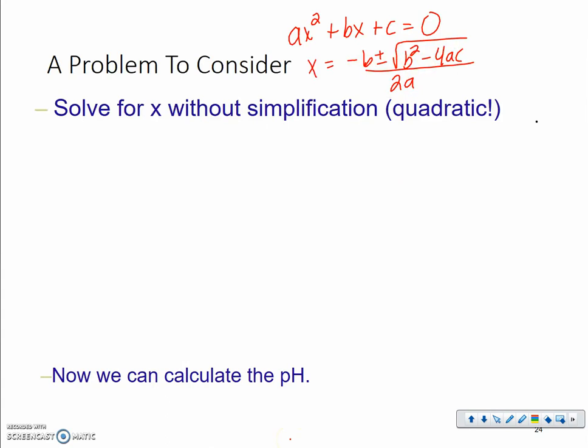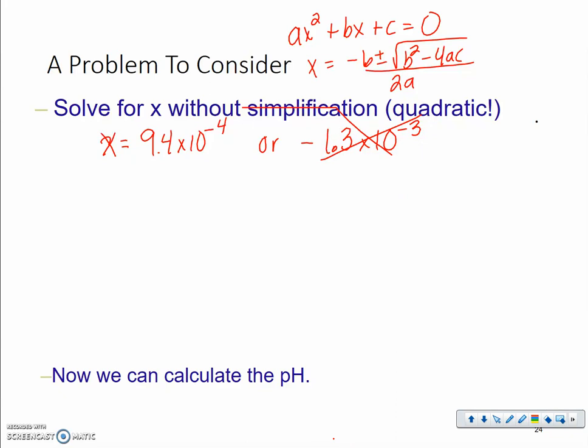So when you do that, you get two possible values for x. And if we look, the second option is negative, and we can't have a negative concentration, which means we can ignore this one. We know that this one is the one that is incorrect.